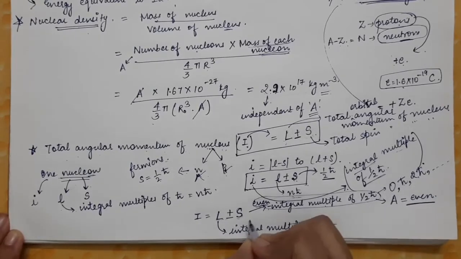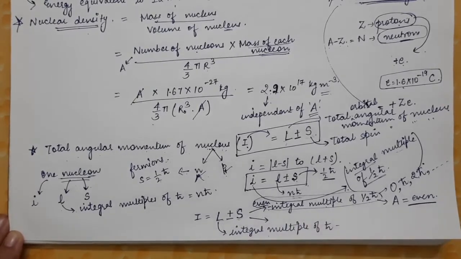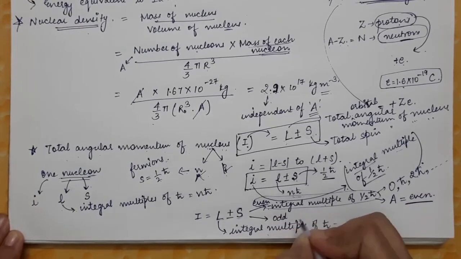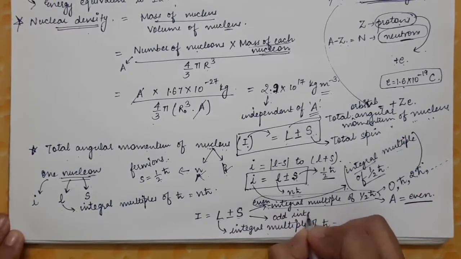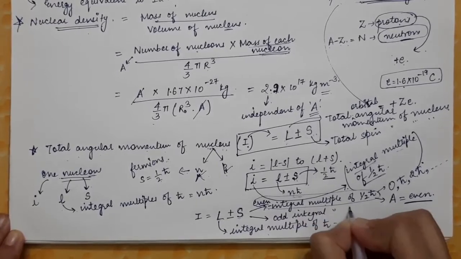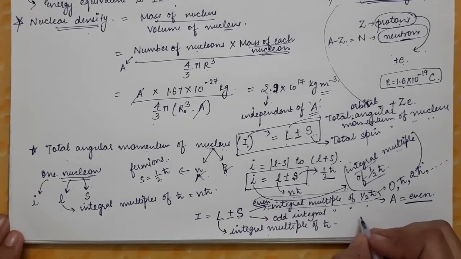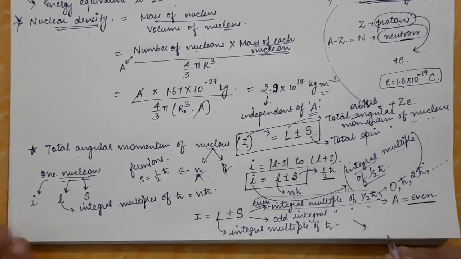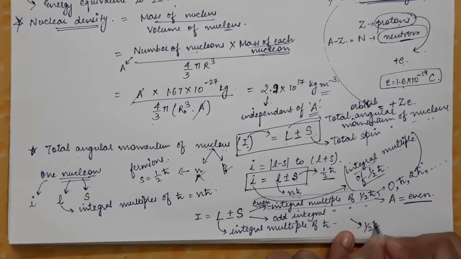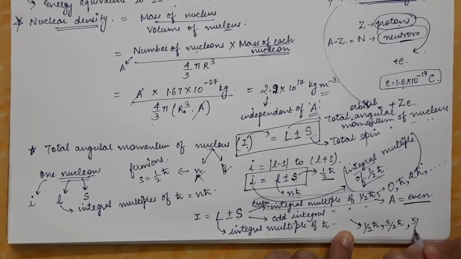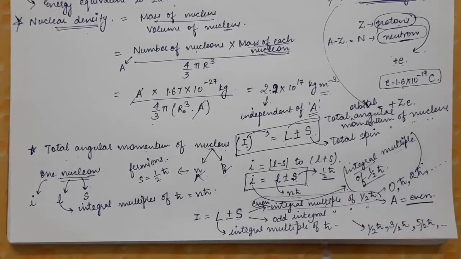Then capital S will have values which are odd integral multiples of half h cut. That is, first it can be just half h cut, then 3 by 2 h cut, then 5 by 2 h cut, and so on, which are the odd integral multiples of half h cut.